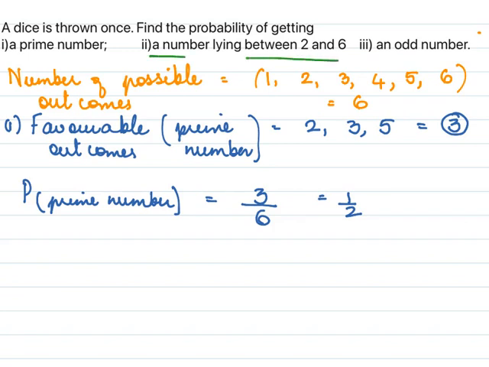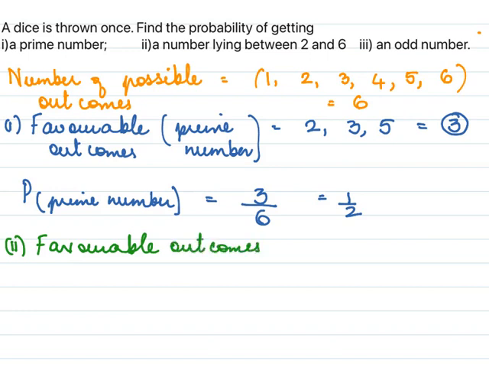Next is a number lying between 2 and 6. So, the favorable outcomes is a number between 2 and 6.